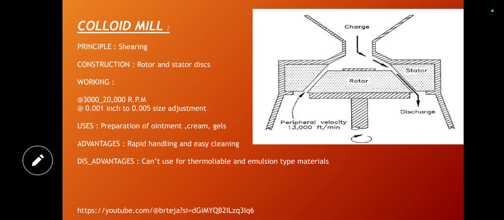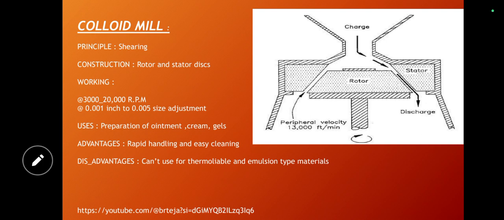The rotation is 3,000 to 20,000 rotations per minute, with a size adjustment from 0.001 inches to 0.005 inches. This helps in size reduction of drugs. How much is the adjustment? 0.001 inches to 0.005 inches in the colloidal mill equipment.